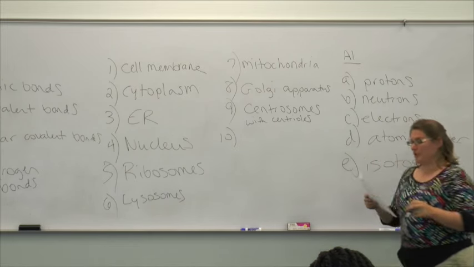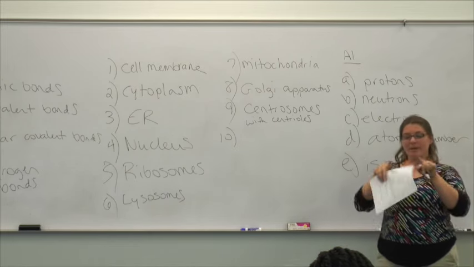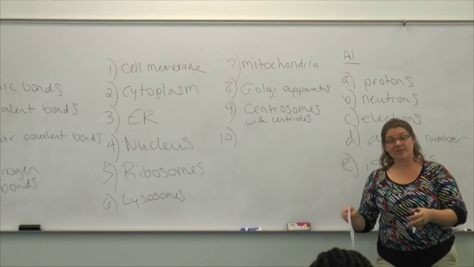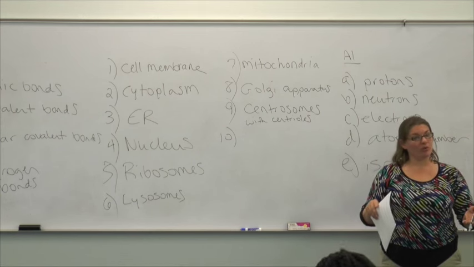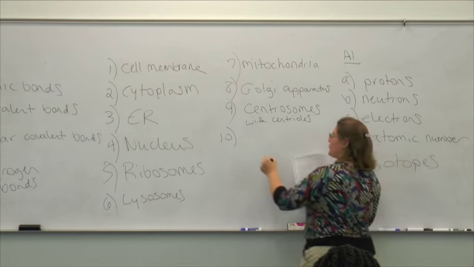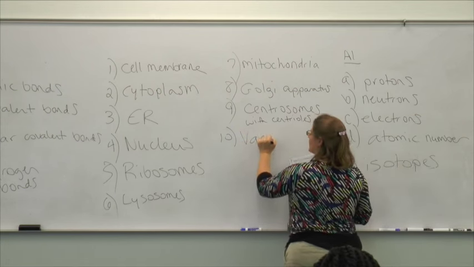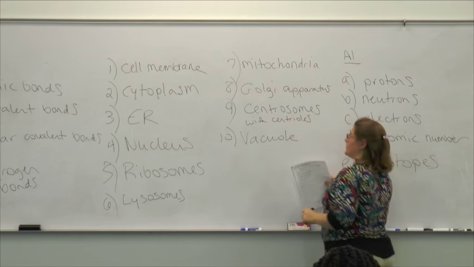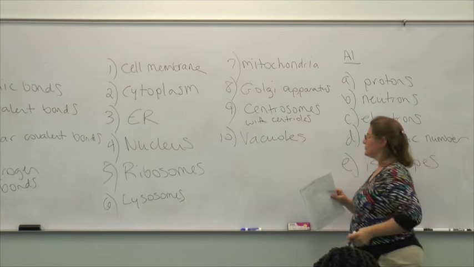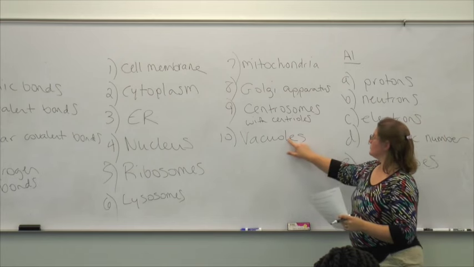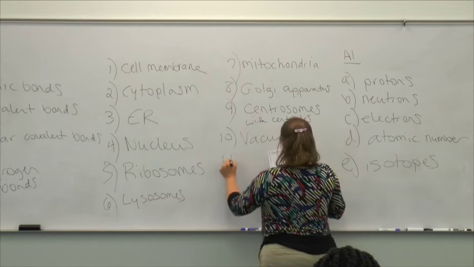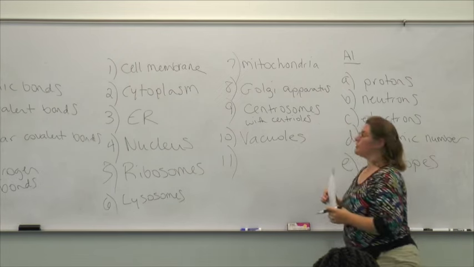Number 10, fluid-filled organelles enclosed by a membrane, and they can contain stored food or stored waste. There's many different kinds of them. Vacuole, right? There's food vacuoles, there's waste vacuoles. But the answer there is vacuole. Vacuoles, plural. Number 11, the site of the production of ribosomes.